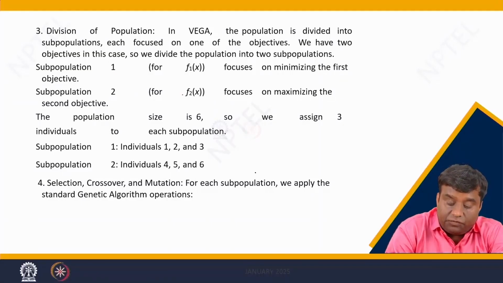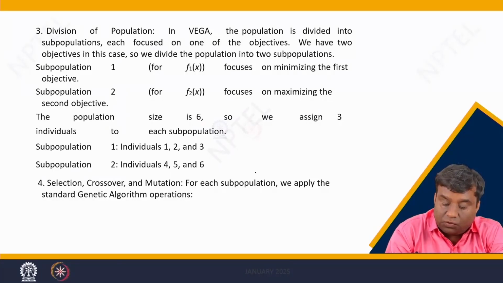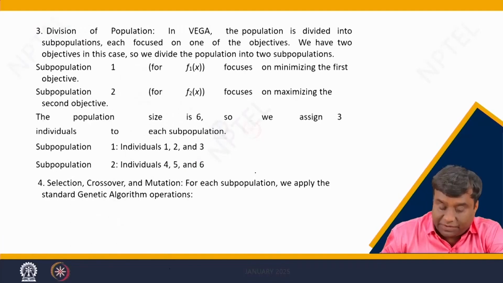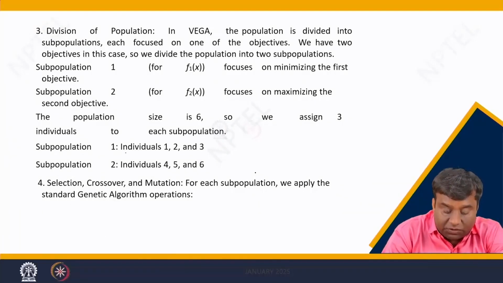Subpopulation 2 for f2x focuses on maximizing the second objective. The population size is 6, so we assign 3 individuals to each subpopulation. So subpopulation 1 is where we'll find f1x is minimum. So if you go back, you will see that f1 is minimum for 1, 2, 3. So subpopulation 1 has individuals 1, 2, 3, and subpopulation 2 has individuals 4, 5, 6, that is the other individuals.